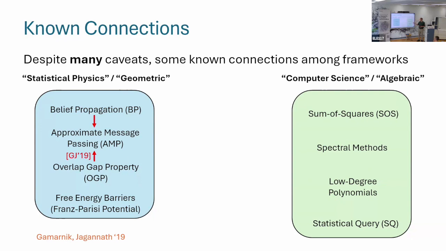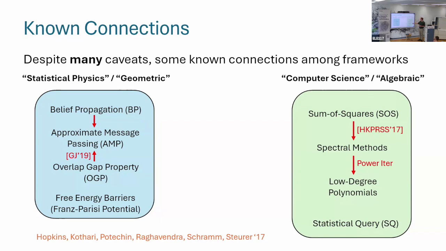There are various formal connections that have been established here, with lots of caveats that I'll hide. Each of these results has lots of assumptions about which problems it works for. But to give you an overview, we know that the overlap gap property can be used to rule out AMP algorithms in non-planted settings. We know that sum of squares algorithms can be turned into spectral methods, that is, methods that use the leading eigenvectors or eigenvalues of a matrix.